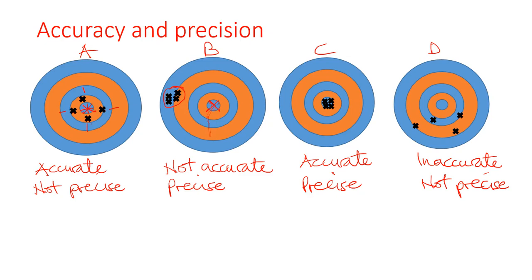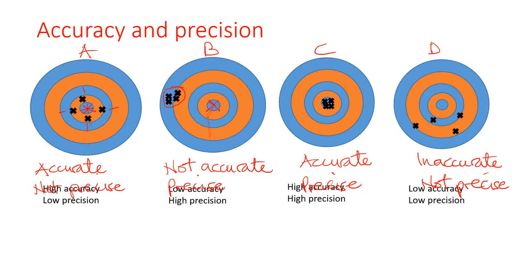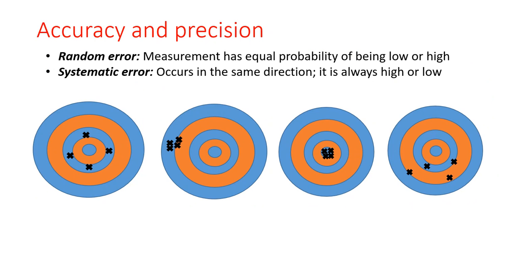And based on accuracy and precision, we also define what we call errors. So errors are just the differences between measured value and what we are looking for, or the true value.